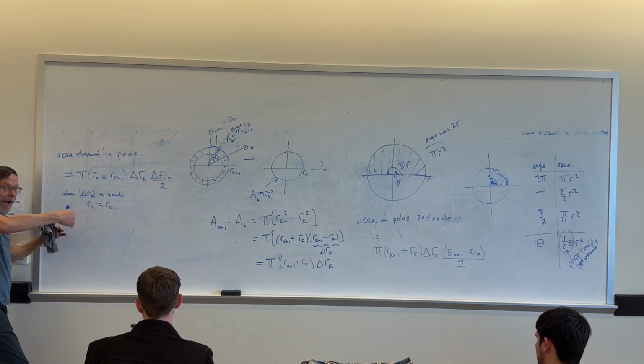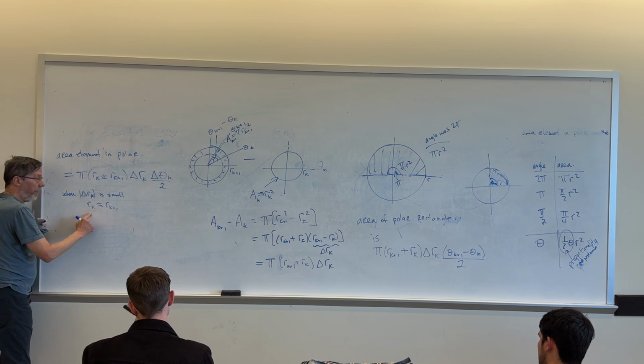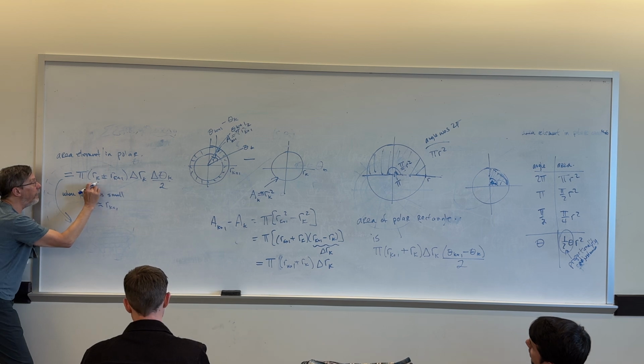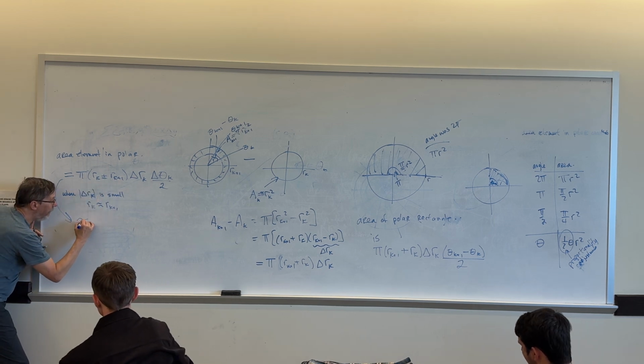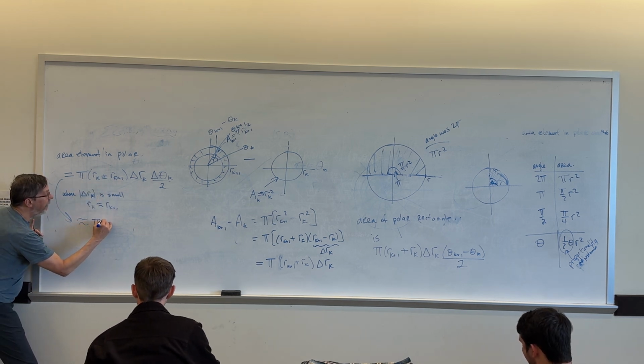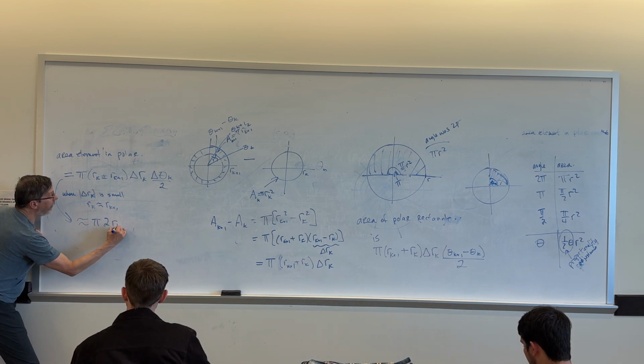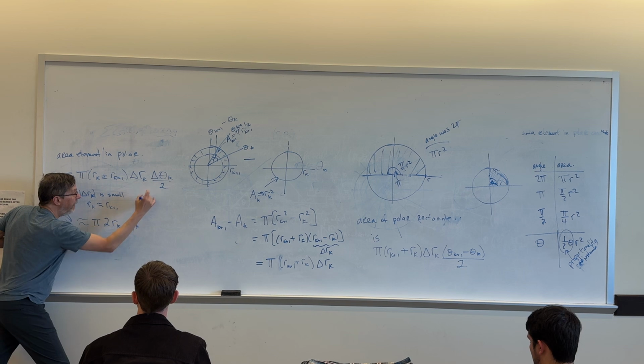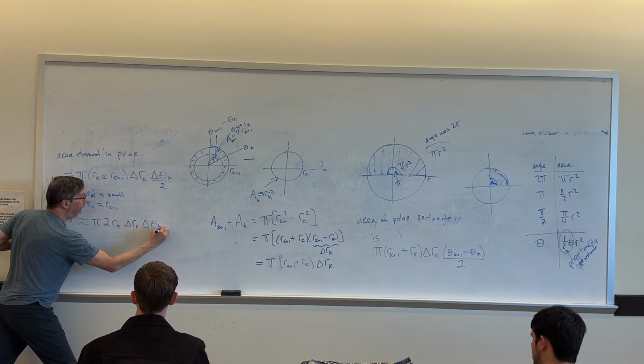The smaller the chops I make, the closer these two things are going to become. So this right here, when r sub k is really small, is approximately pi times 2 r sub k's times delta r sub k times delta theta sub k over 2.